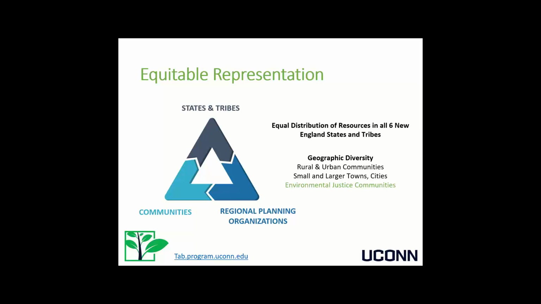Our goal is to have equitable representation of all New England entities within the 6 New England states and tribes. We also know that there is a lot of geographic diversity within New England, so we try to engage both rural and urban communities, smaller and larger towns and also cities, and of course prioritizing environmental justice communities where there is additional need.